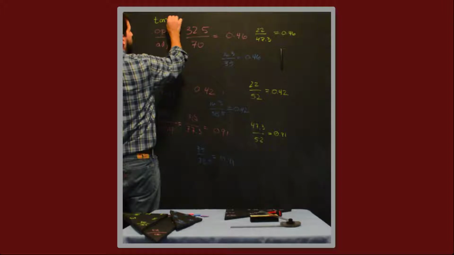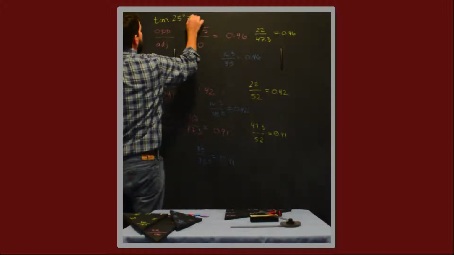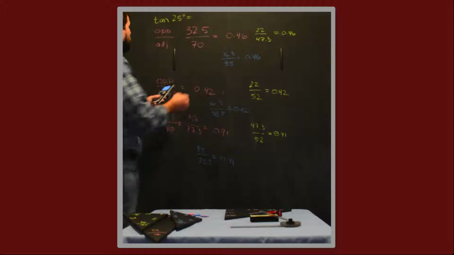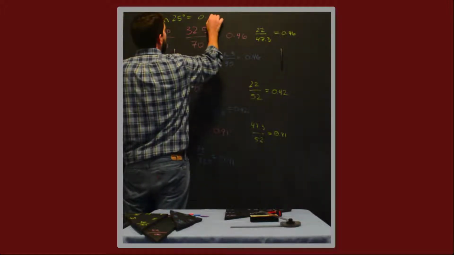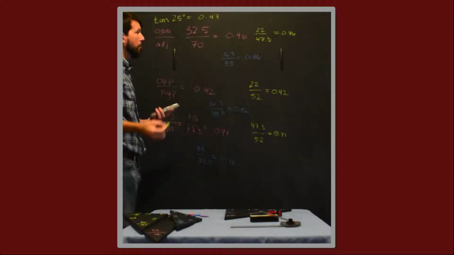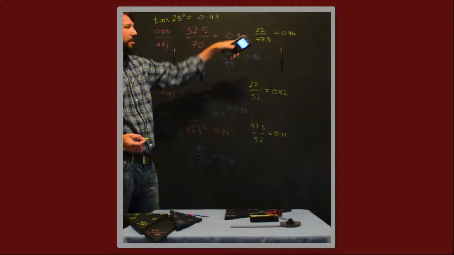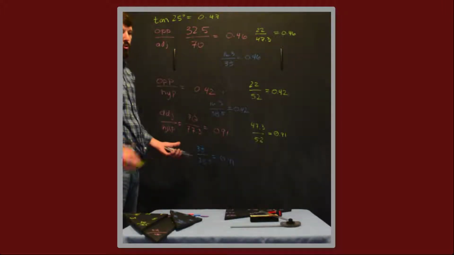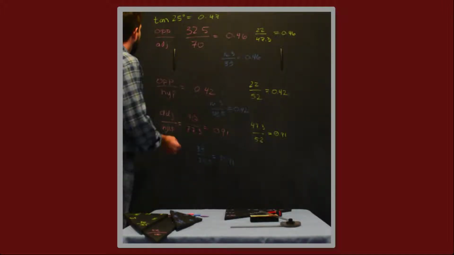And the tangent of something that is 25 degrees, if you look it up on your calculator, tangent 25, just make sure you're in degree mode, it's 0.466, which basically rounds to 0.47, but that 0.46 to 0.47 difference is really just rounding error, I guarantee you. When I'm measuring to the nearest first decimal, that's probably not accurate enough.